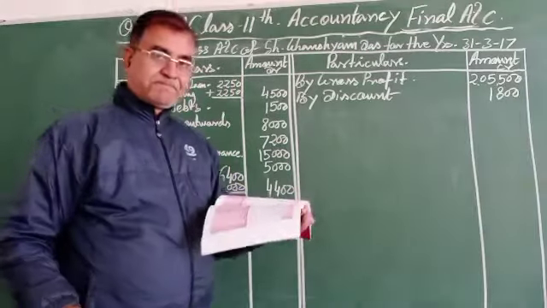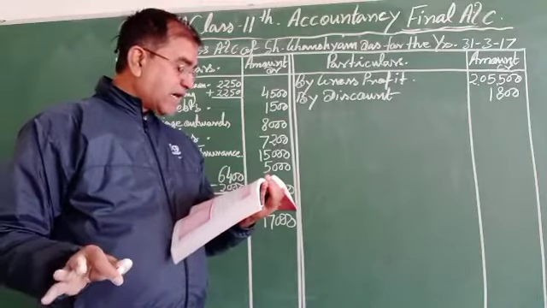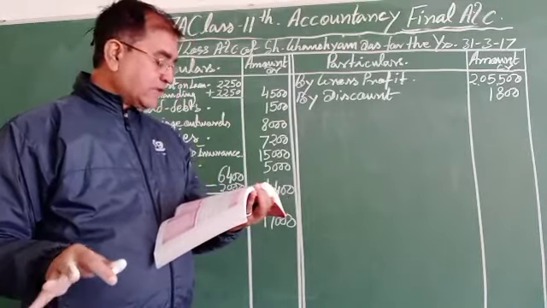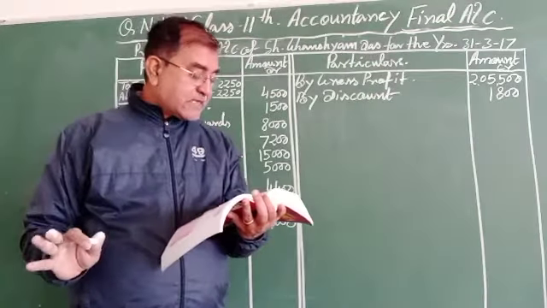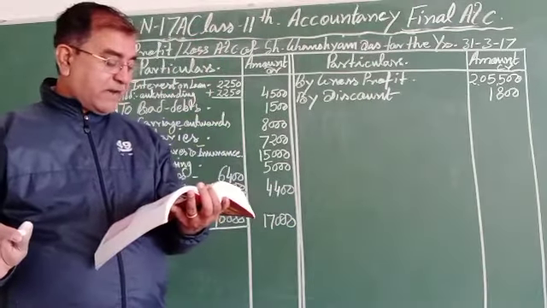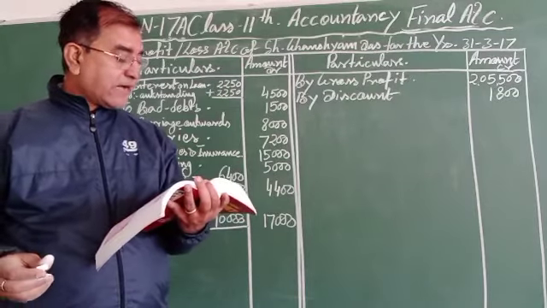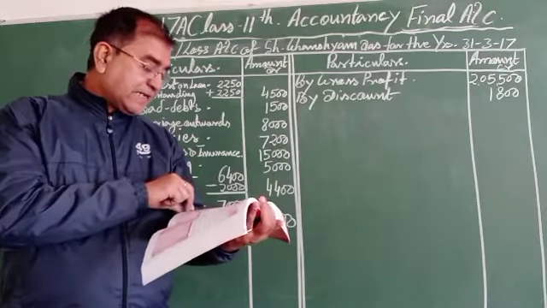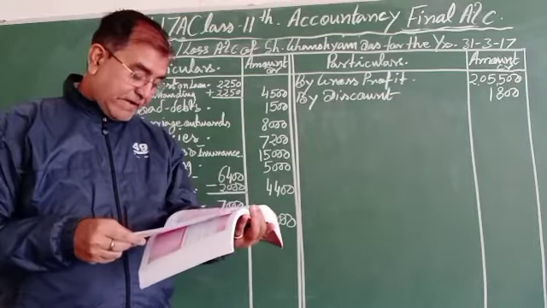Then after, other information: Ghanshyam Das withdrew loan, that is already adjusted, and interest on investment is receivable for full year at the rate of 10%. That is accrued, not received during the accounting period.